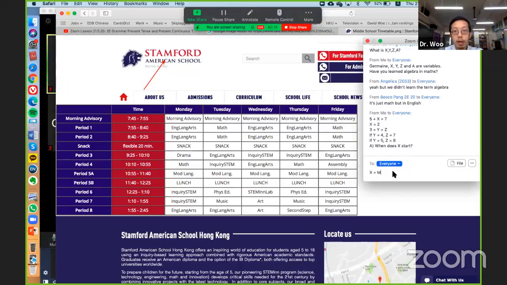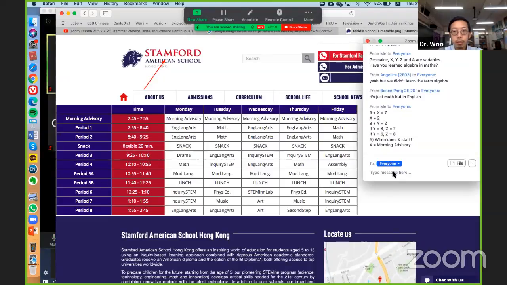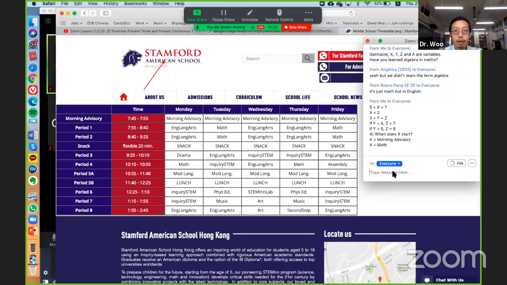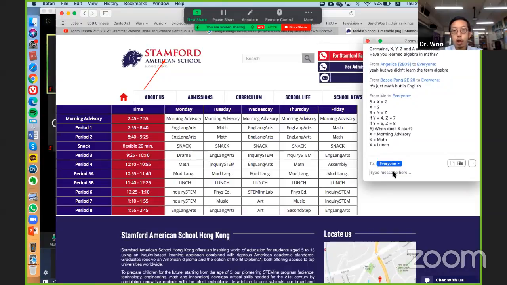X can be morning advisory. X can be math. X can be lunch. So I'm just using variables to illustrate that you can say almost anything in this structure.